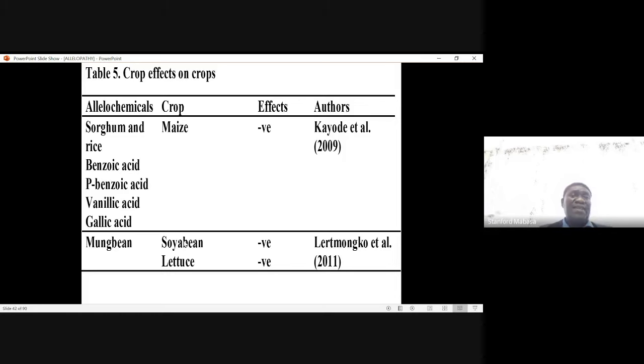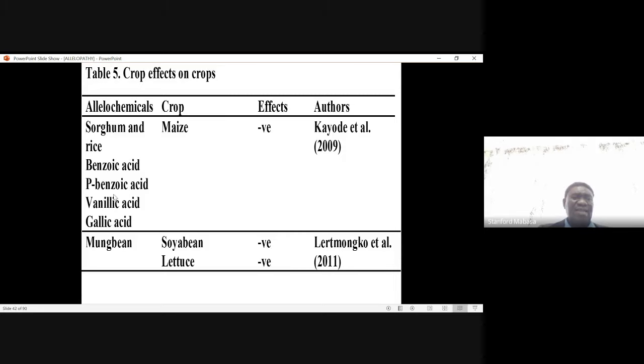Then crop effects on crops. We have got sorghum and rice. If you grow sorghum or rice and rotate it with maize, maize could be affected by the allelochemicals produced by sorghum and rice.